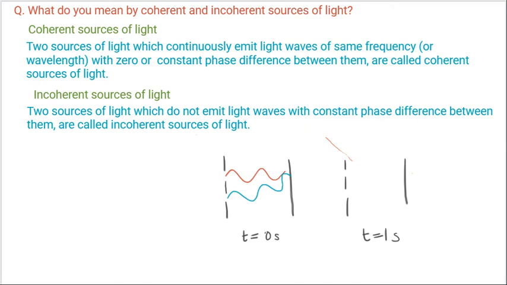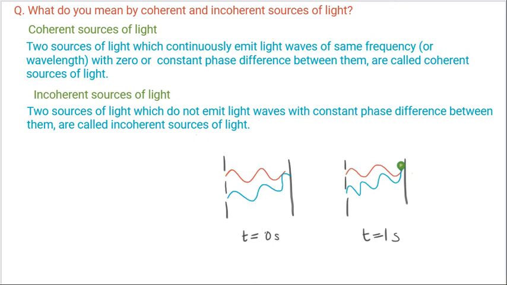Now when you note what happens in such cases, the light coming from here has two wavelengths, but this time the light coming from slit S1 has three wavelengths.